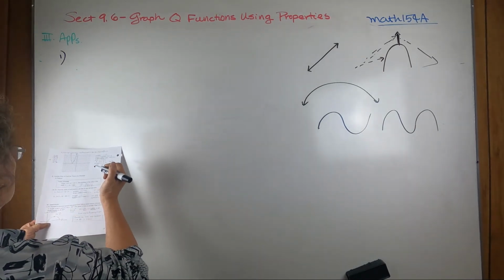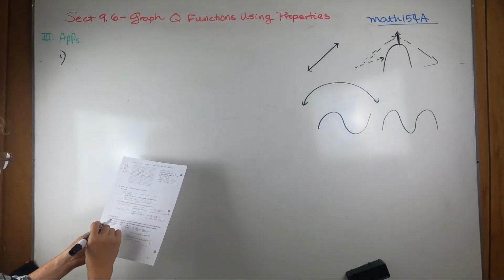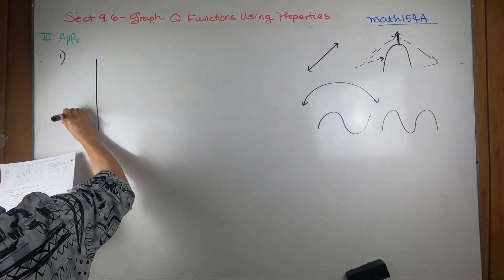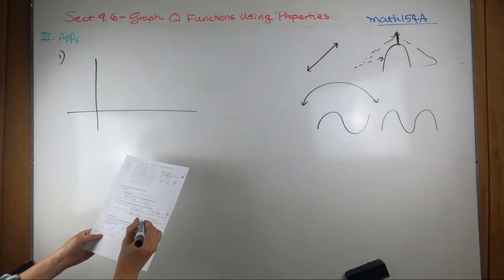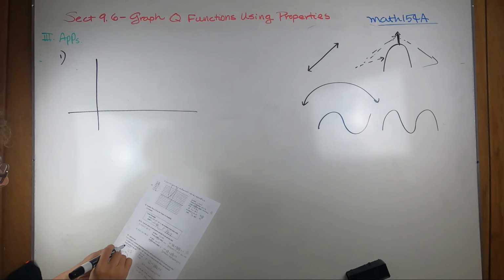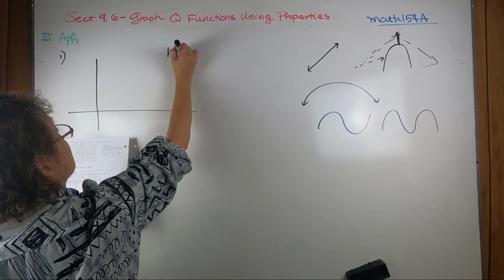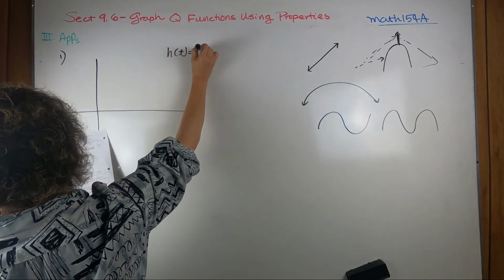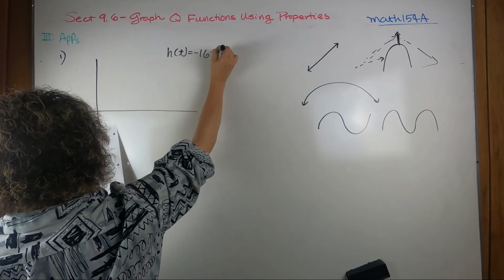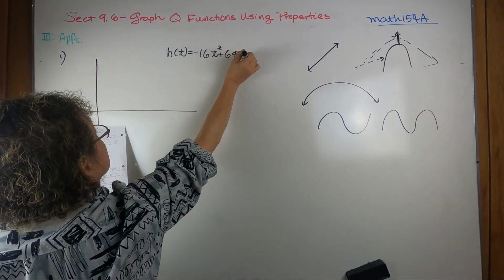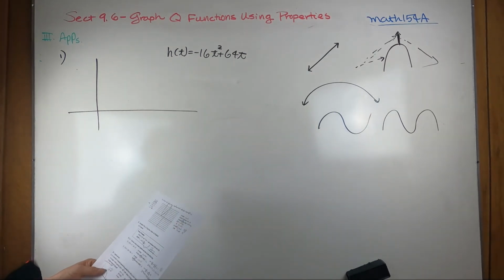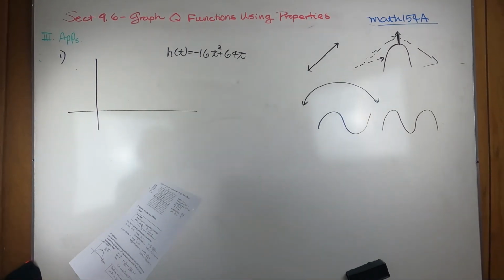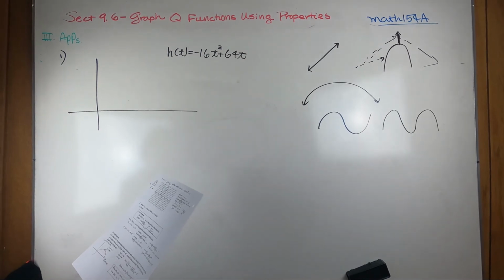So if you hit a baseball, are we talking about baseball? Yes. Okay, with 64 feet per second, then its height in feet is given by this function, where t is the time in seconds. What is the maximum height reached by the ball?